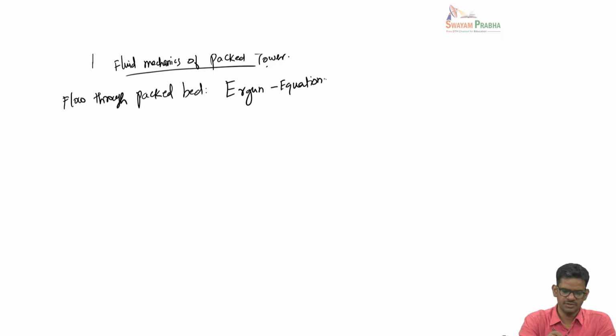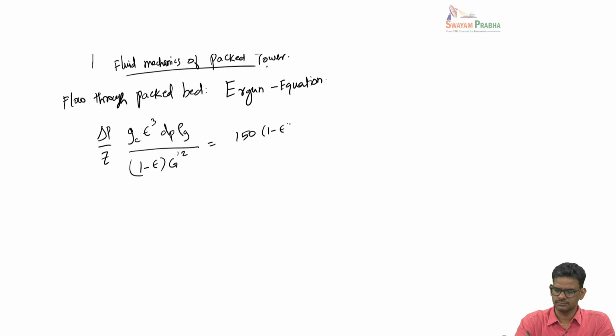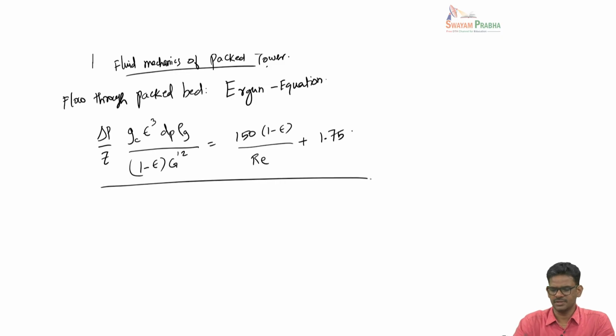It goes something like delta P by Z, Gc epsilon cube dP rho g over 1 minus epsilon. So, this is the famous Ergun equation that is used to calculate pressure drop in a packed bed.